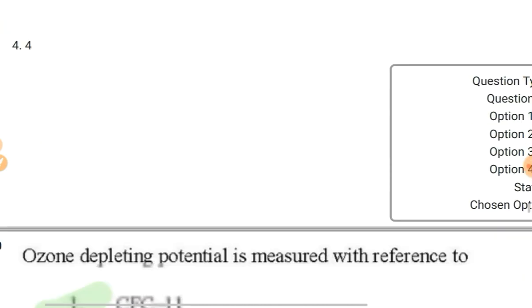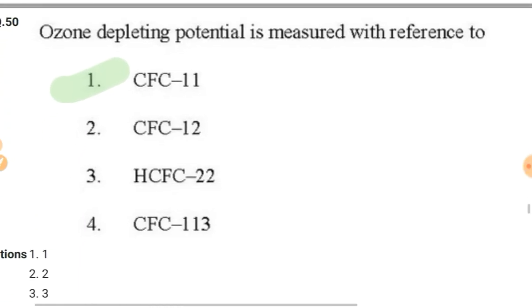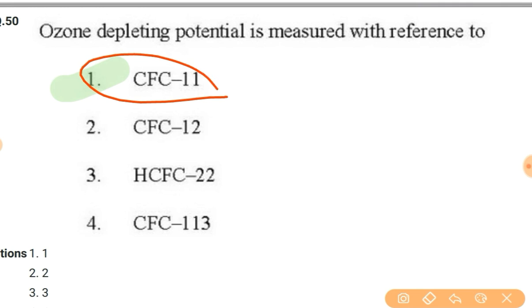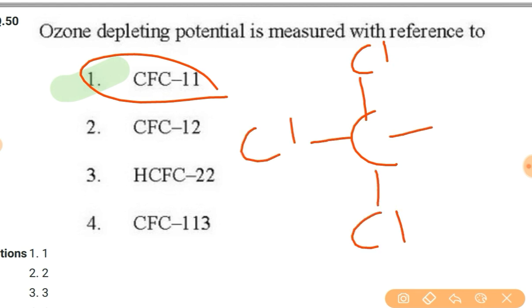Next question. Ozone depleting potential is measured with reference to what? It is measured with reference to CFC-11. CFC-11 has three chlorine atoms and one fluorine atom with a carbon atom.